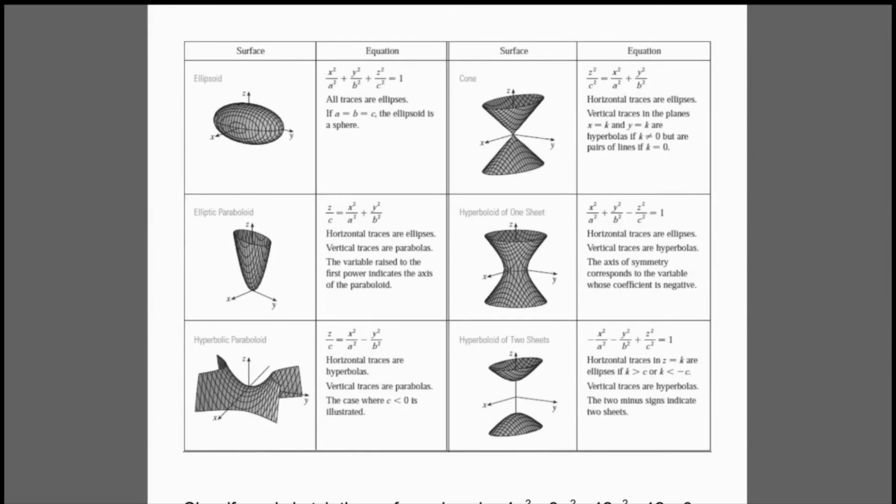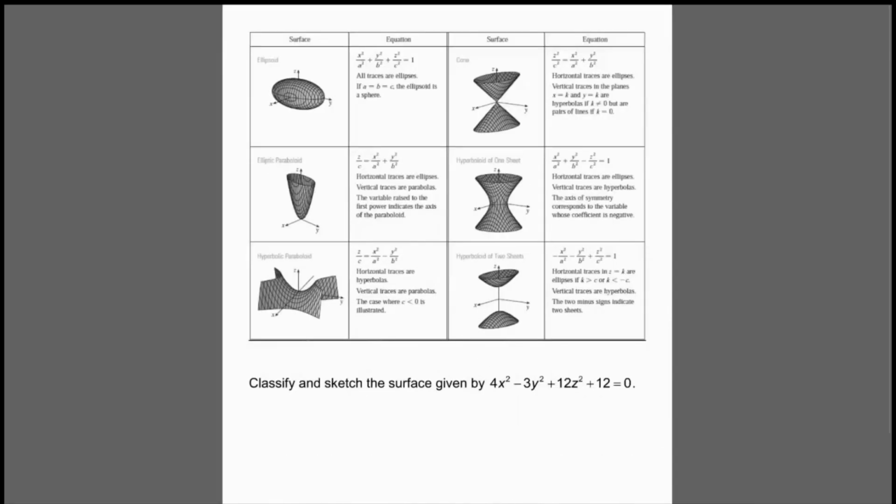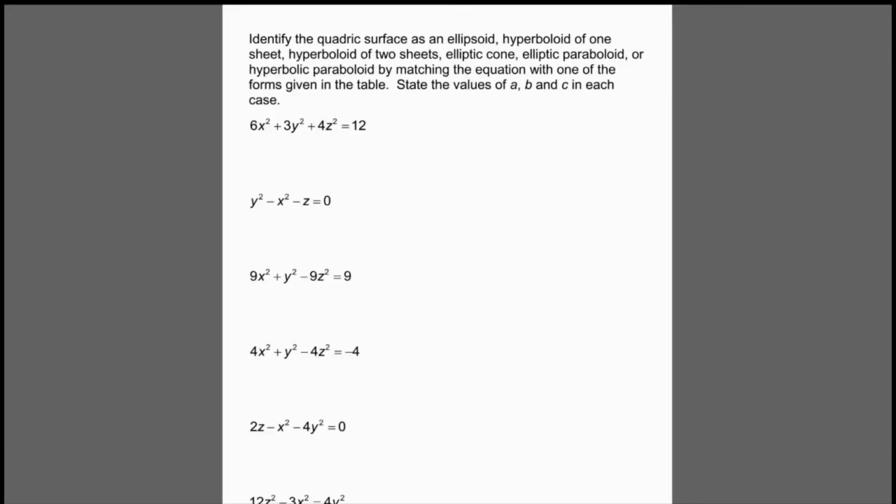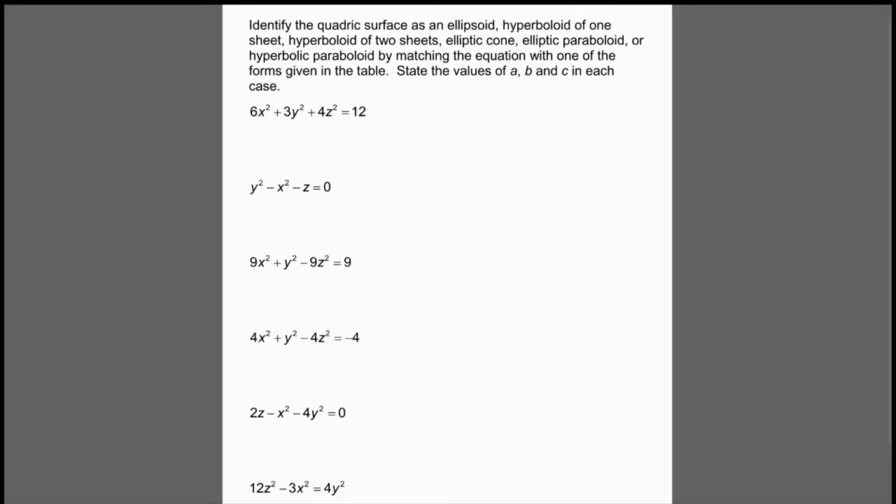What I want you to do is find the A, the B, and the C. And so you're going to identify what it is, get the equation in the right form, identify what it is, and then find A, B, and C. So I want you to pause the video, figure all those things out. Notice you don't need to graph this time, but figure all those things out, and then when you come back, I'll show you the solutions.